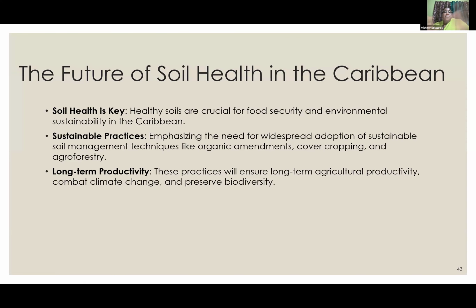So the future of soil in the Caribbean, soil health is key, right? Sustainable practice is very important for long-term productivity, right? So focusing on your soil type, your soil texture, and the organic matter that you add to your soil is very, very important.